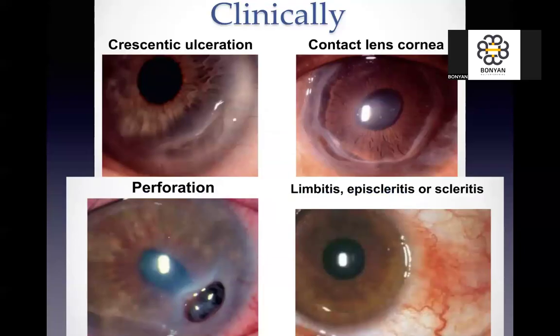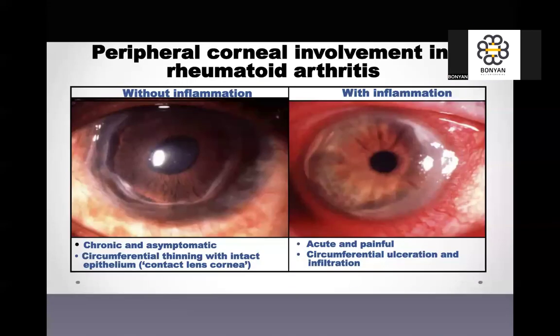PUK, rheumatoid arthritis. It's crescentic ulceration, contact lens cornea, with this thinning all around, giving the cornea a picture like a contact lens. Finally, progressive thinning with perforation, limbitis, scleritis, or keratitis.